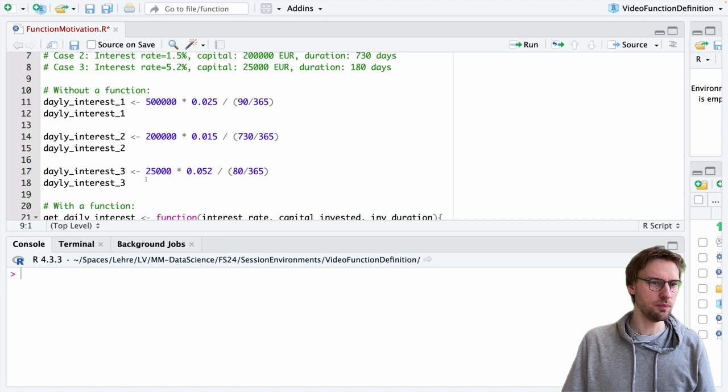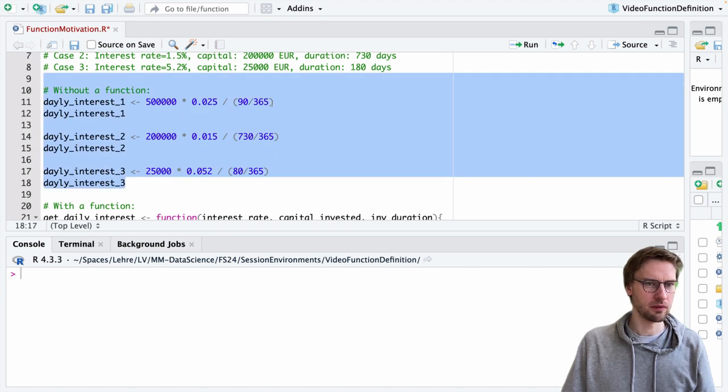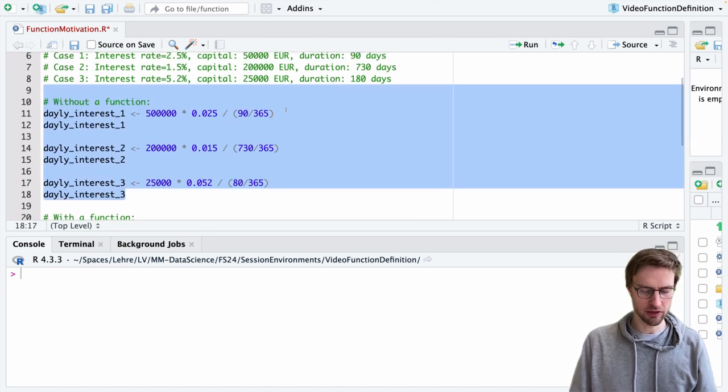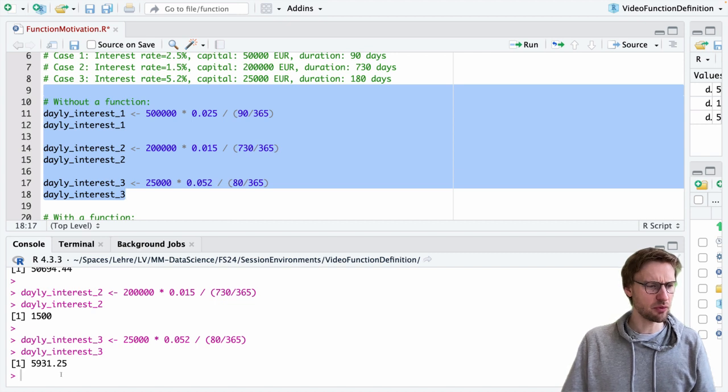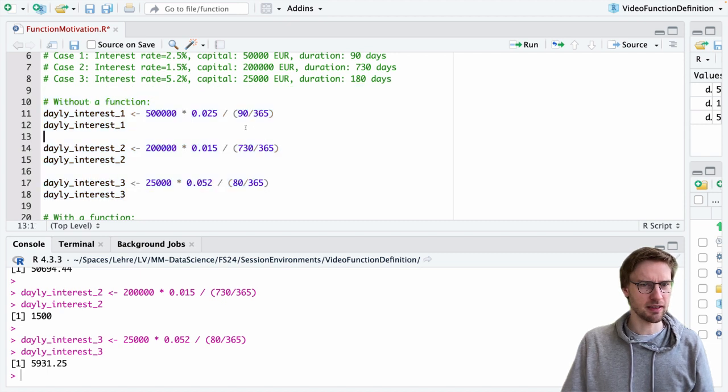And assume we have written the equation here, we execute it, and then we are wondering why these numbers here are so weird. And we figure out, okay, here we actually made a mistake. Here we have a division instead of a multiplication.